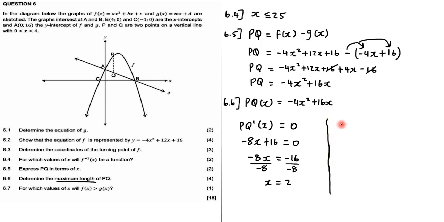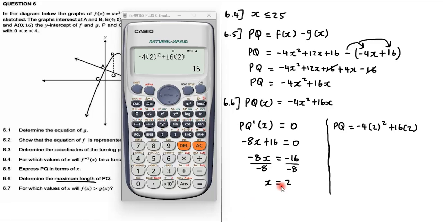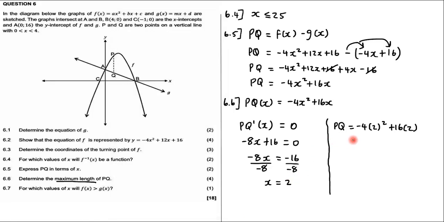Then to get the actual length, all I have to do on PQ is substitute x as 2 into that equation. Pressing this on a calculator, as you can see here, it gives me my answer as 16 units. So that will be the maximum length for PQ.